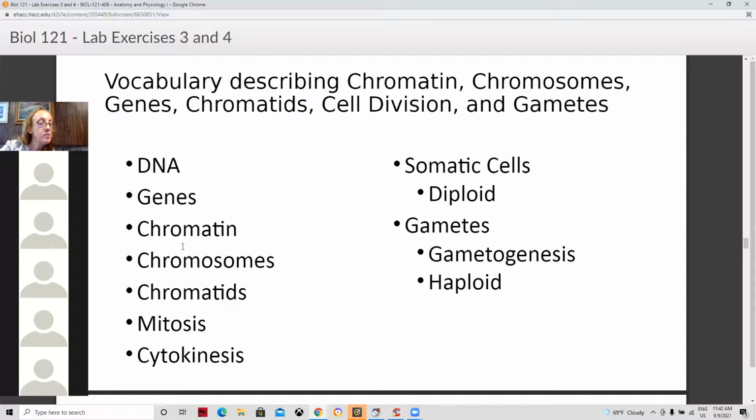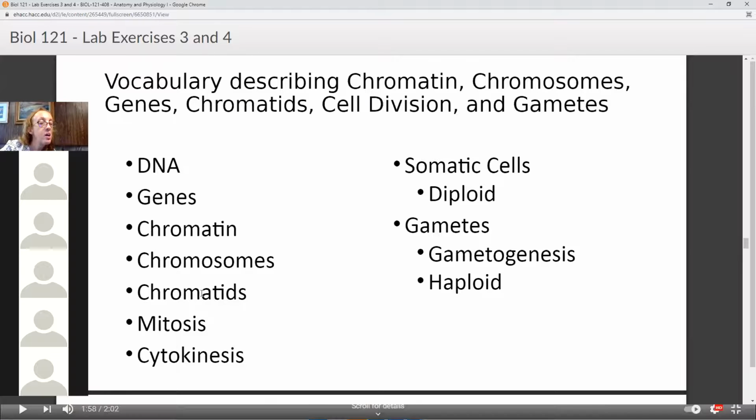And then the chromatin will condense and compact up into chromosomes. Once it's all replicated, we have two identical chromatids for each of our genetic chromosomes.